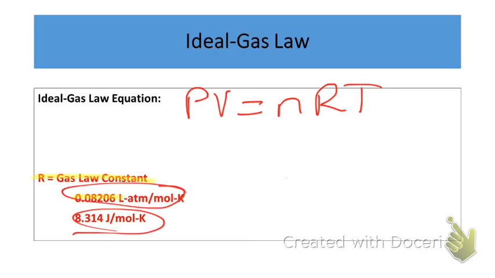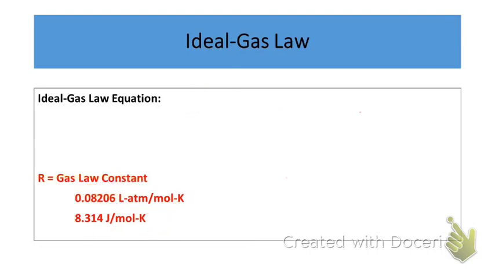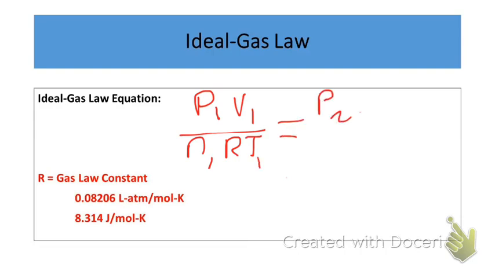Now, you can also use the ideal gas law to derive Charles' law, Boyle's law, and Avogadro's law. Let me show you how to do that really quickly, and then we'll move on. So let's take the ideal gas law, PV equals nRT, and rearrange it a little bit. So P1V1 over n1RT1 is equal to P2V2 over n2RT2.